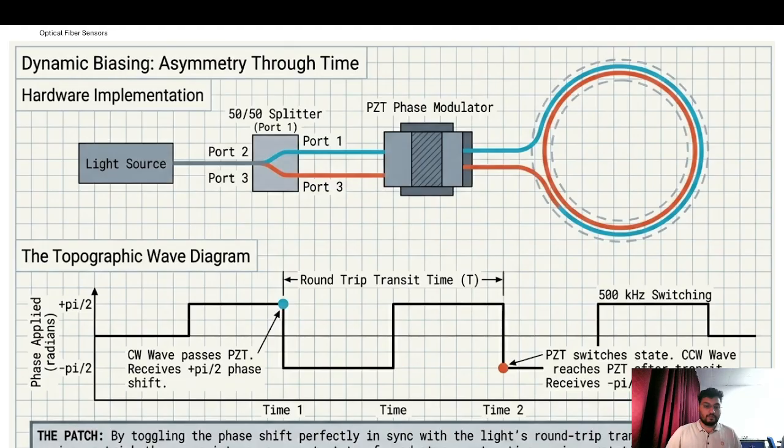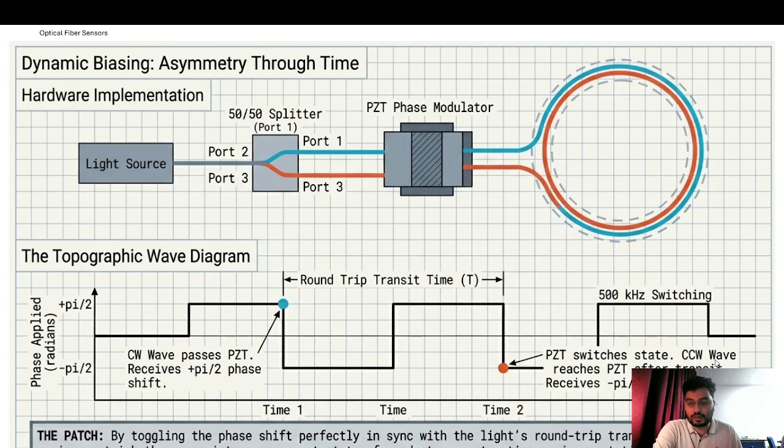Okay, so we were discussing the pi by 2 phase shift. Here is the round trip transmit time, from time t1 to t2, one full cycle, and the switching is at a 5 kilohertz switching rate. The CW wave passes the PZT, receives plus pi by 2 phase shift, then the PZT switches state.